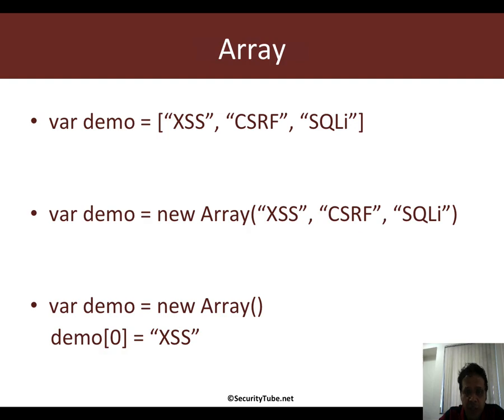And one new data type in here is array, which we can define in either the regular way, in which we have the square brackets and each item inside of it, comma separated, or we can use the new array keyword and then define the elements inside of array. Alternately, we can first define the array with the new keyword and then assign individual elements using the specific location where we want them to be stored.